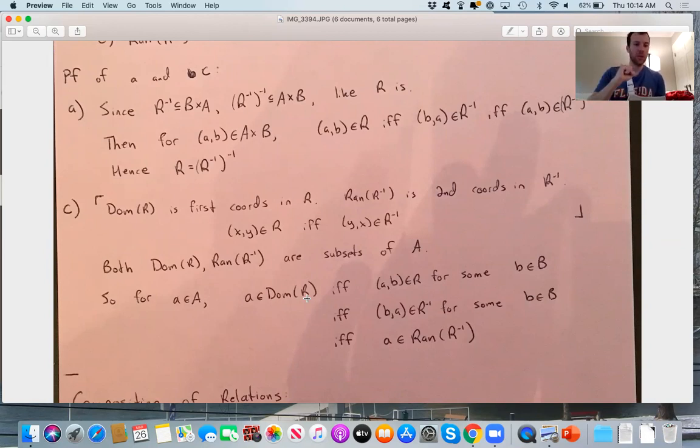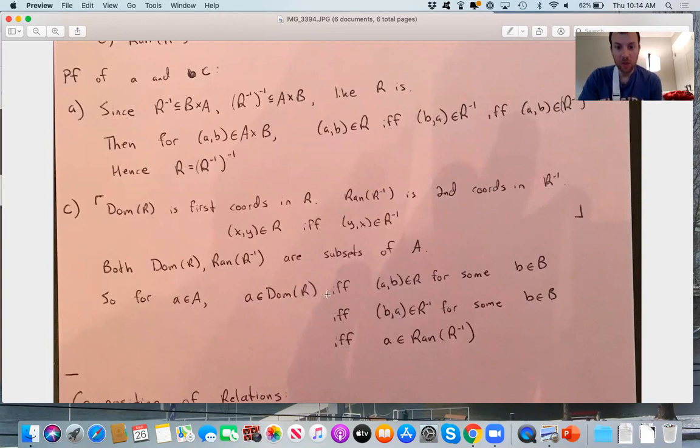So we have this defined notion, the domain, rewrite it without that defined notion, and that gives us more stuff to work with. In this case, we're saying if a is in the domain of R, then it's a first coordinate. So that means we can say, here's a pair that has that first coordinate a.